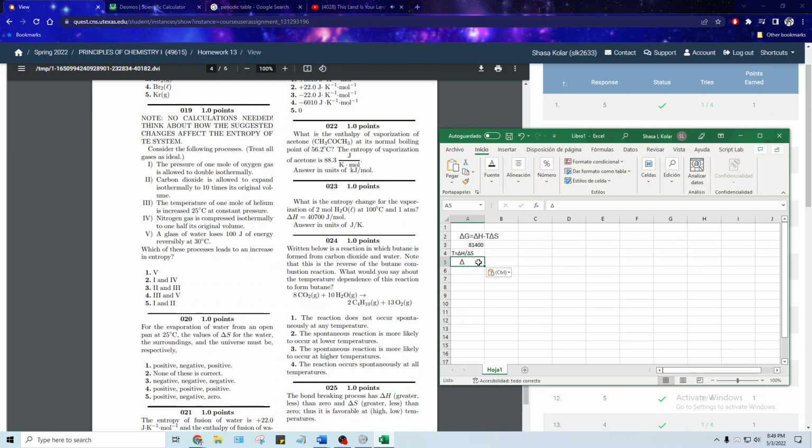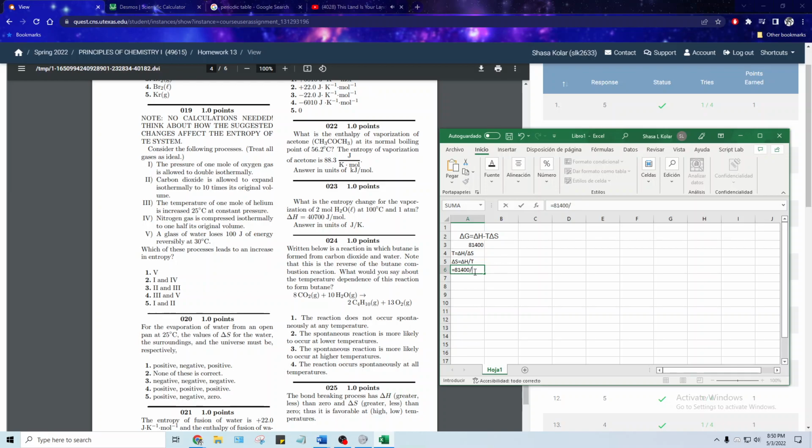We know what our temperature is, we know what our delta H is, we don't know what our delta S is. So delta S equals delta H over T. What we can do is divide our 81,400 joules by our temperature.